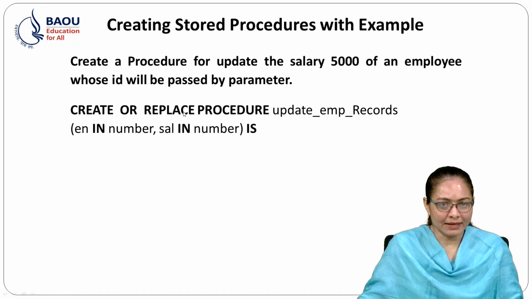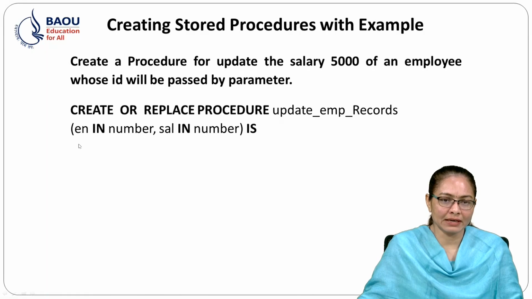Create or replace procedure and then the procedure name. This is a user-defined name. In the brackets we need two parameters, employee ID and then salary, and both parameters will accept the values from the user, so they are defined as IN.